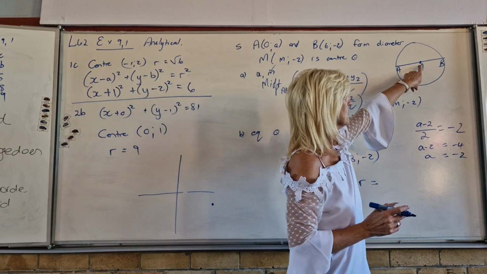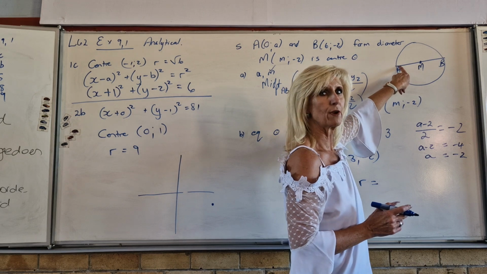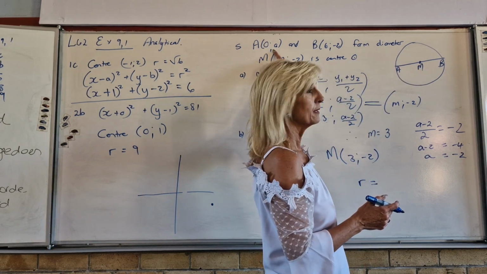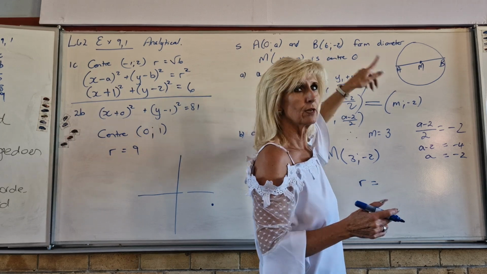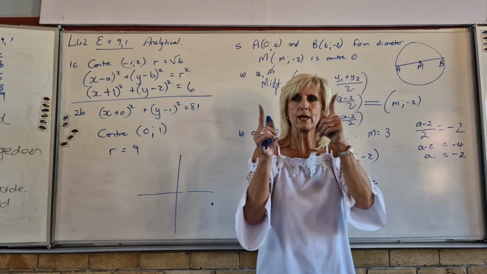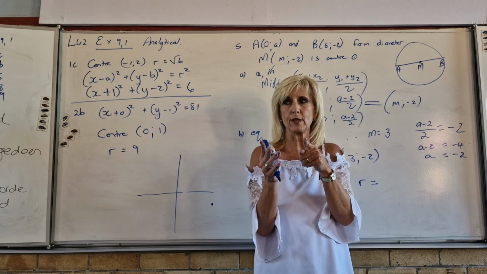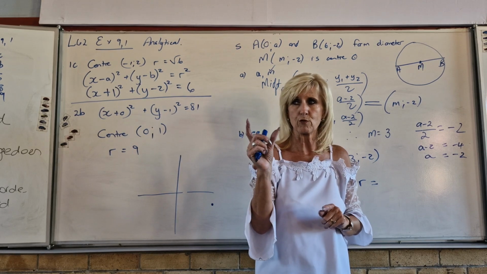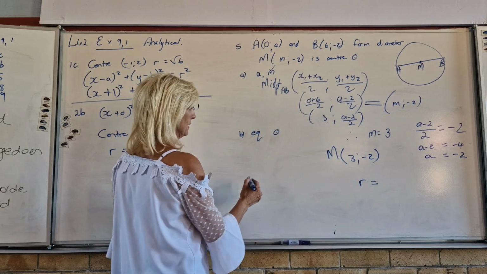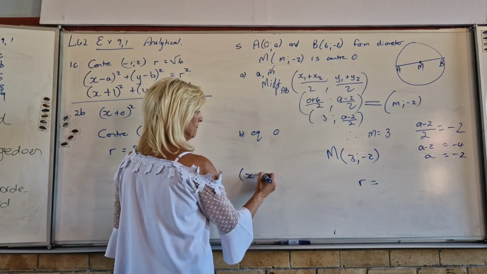Once you know what this is, you can get the distance between them for the radius. You could even go back to A and get the distance between the two. If you know that the distance of the diameter is 6, then the radius is 3, you could do that. So you could use the distance formula. But a very good idea is once I know what the center is, go to the formula.